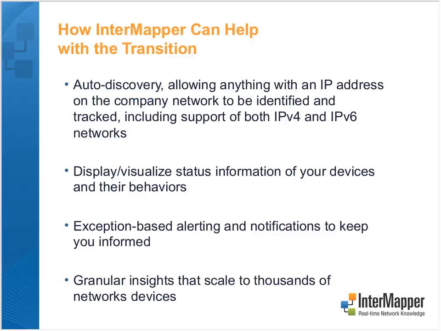So how InterMapper can help with the transition. What InterMapper can do is, we have an auto-discovery feature. With the auto-discovery feature, we can discover all your devices on the network. That includes version 4 and version 6 addressing. So if you're looking to monitor your network, you can use InterMapper software to identify your devices on your network and show you exactly what's going on with those devices.